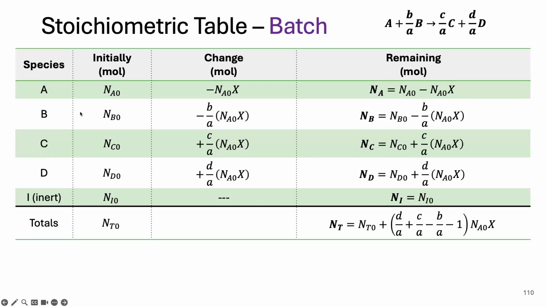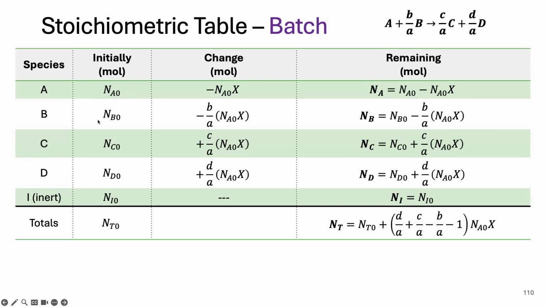So for example, for species A, we initially start with N sub A naught. If we run our reaction for a certain amount of time to achieve a conversion X, we will have converted away N A naught times X, and we'll have remaining N A equal to the difference between what we started with and what was reacted.